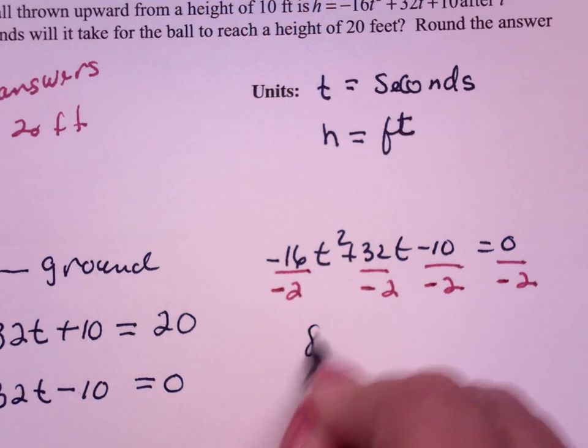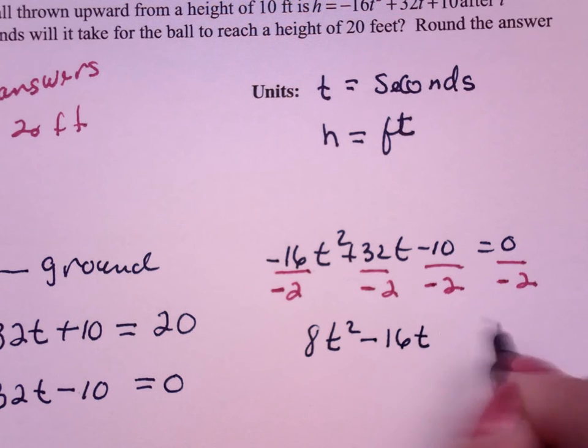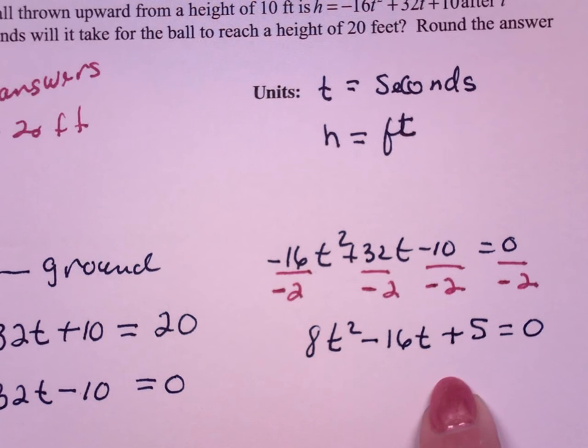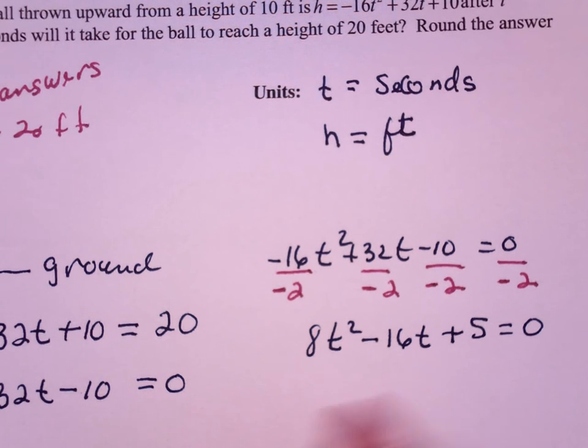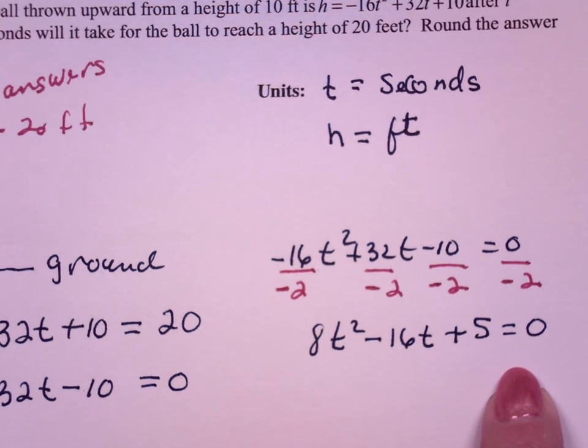This would give you 8t squared minus 16t plus 5 equals 0. Those would be easier numbers to deal with, wouldn't they? But I'm lazy, and I have a calculator, so I don't necessarily care that the numbers are ugly. I just have to remember the quadratic formula.